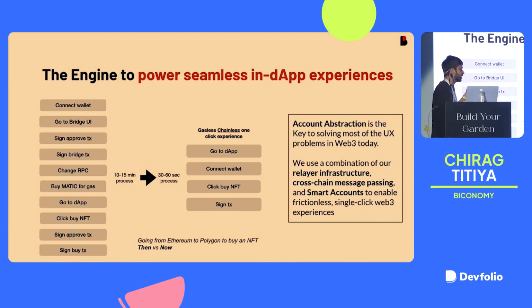This is a typical use case where a user wants to, for example, say I have some funds or some shitcoin on Avalanche, and I want to go and buy an NFT on Polygon. So I need to go through this entire process, connecting the wallet and changing the RPC. If it's a completely new chain to my MetaMask or whichever wallet, then I need to find out the details.